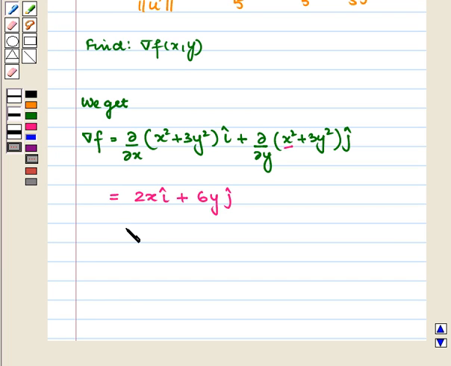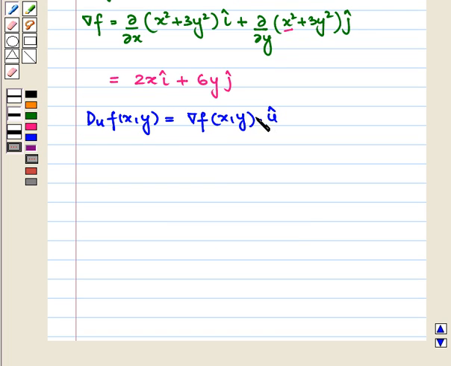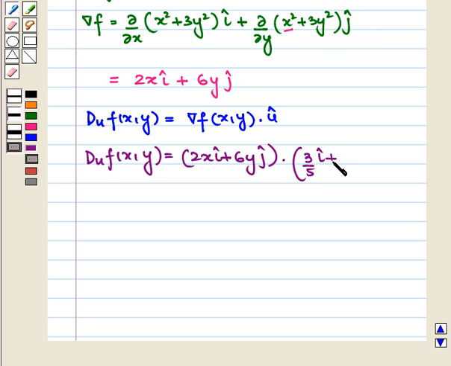Now we need to find D sub u of f of x, y, which is equal to the dot product of gradient of f of x, y and the unit vector u. Now we put the above found values in this formula. We get D sub u of f of x, y is equal to (2x i cap plus 6y j cap) dot (3 by 5 i cap plus 4 by 5 j cap).